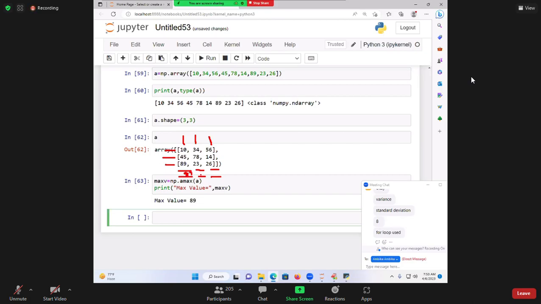Second column, what is the max? 78. And the third column? 56. So column wise max element I want to find, and row wise max element also. What is the row wise max? 56, 78, 89.